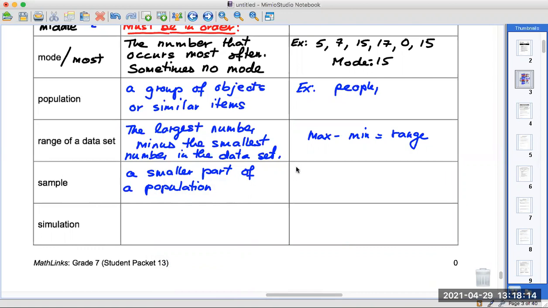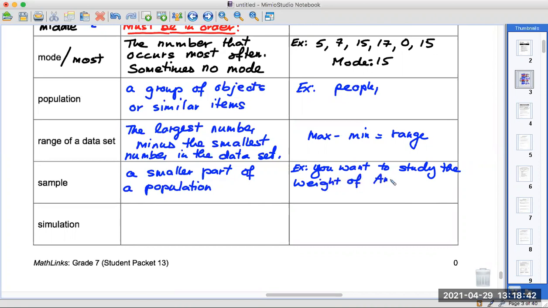Okay, so in my example, let's say you want to study the weight of Americans.